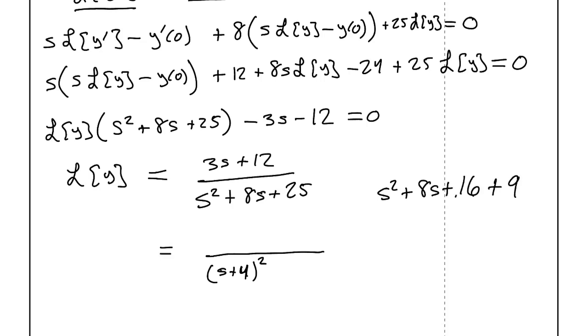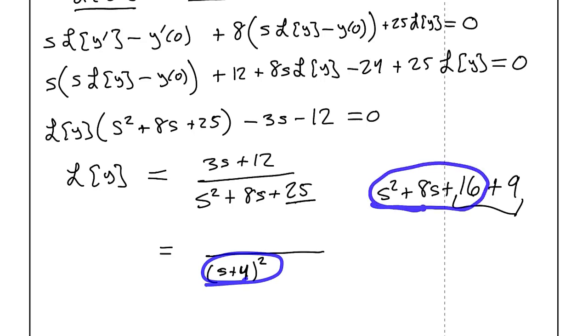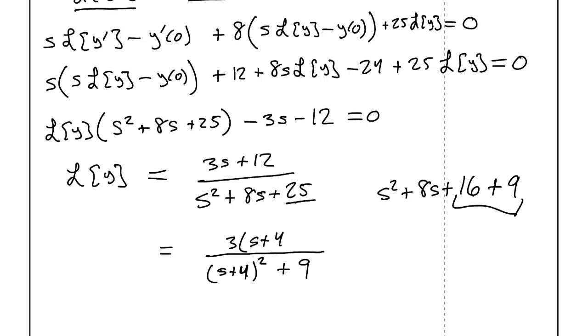And 16 plus 9 is 25. So this s plus 4 squared uses up s squared plus 8s plus 16 of this, which is everything except for 16 plus 9 is 25, so everything but the 9. So we're going to have a plus 9 here. And the numerator can factor into 3 times s plus 4.